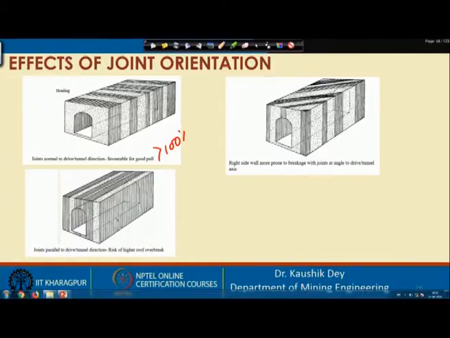In this case it is very risky, because as the joint sets are vertical, there may be higher roof overbreak, and a huge quantity of rock may fall from the roof area. And here joints are at an angle with the drive or tunnel axis, and the breakage may follow the joints, and an angled face may be observed, which is very difficult in drilling considerations.